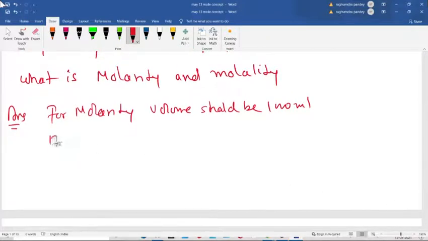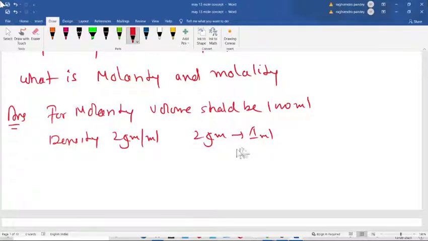Density is 2 gram per ml. It means in 1 ml, 2 gram solution is there. So in 1000 ml, the solution weight will be 2000 gram.